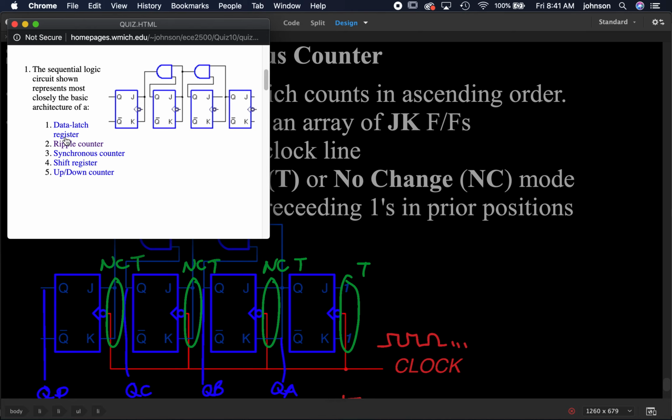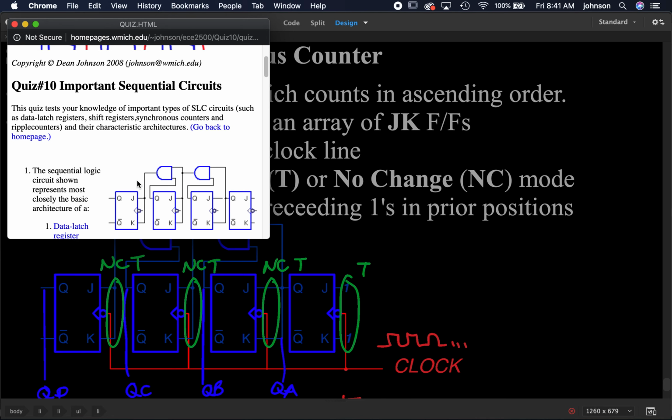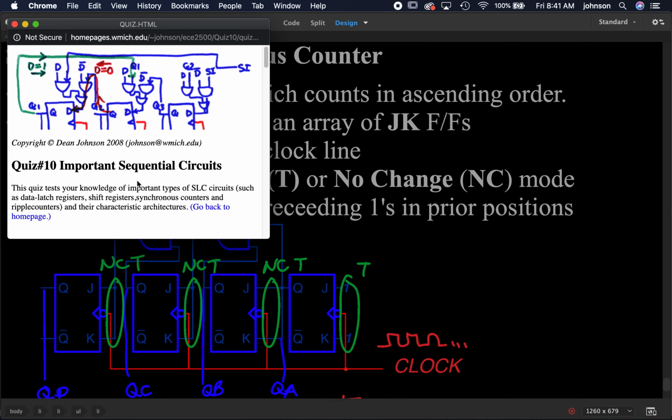But be aware that I could also ask about last video's subject about the data latch register or the shift register, or in a few minutes, the ripple counter. So be aware of these 4. I will not ask about the up-down counter on the final exam. Okay, so just be aware of that for quiz number 10.